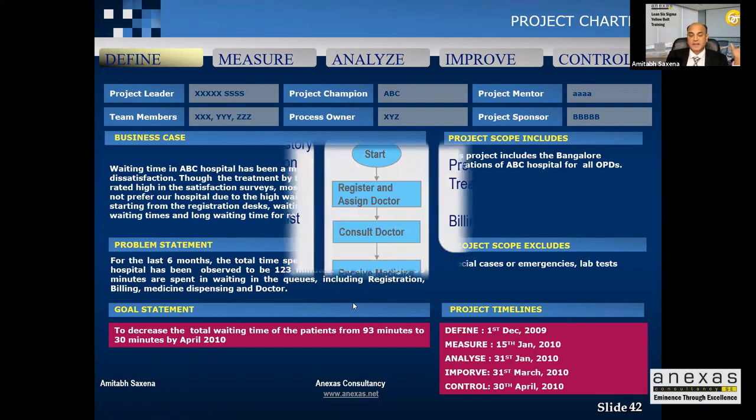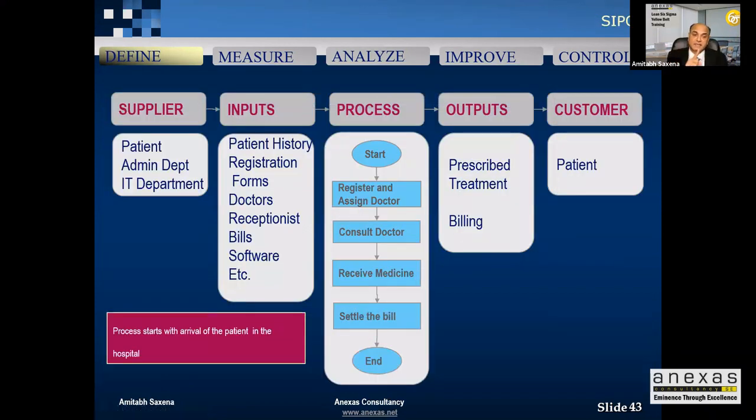And after that, I create a SIPOC: supplier, input, process, output, and customers. Donabedian talked about the structures, process, and outcomes. Deming talked about the systems map. What does it mean? It means that when you want to improve something, don't focus on people alone.